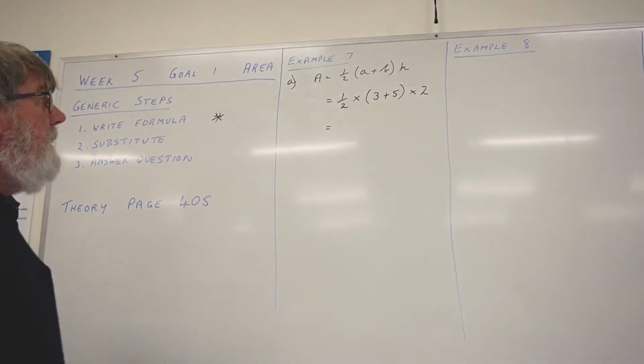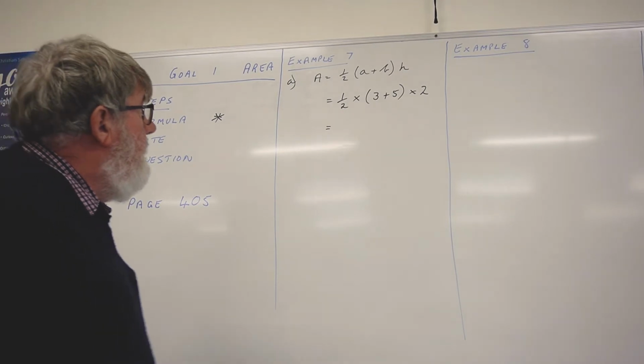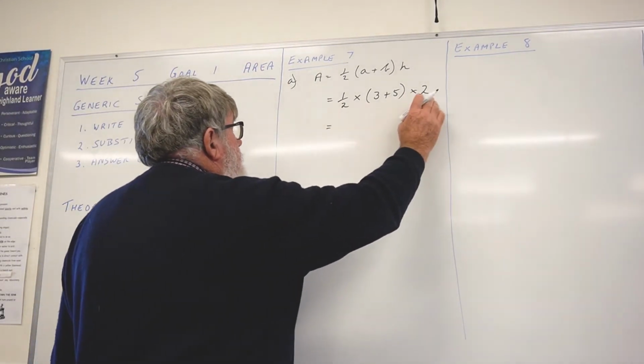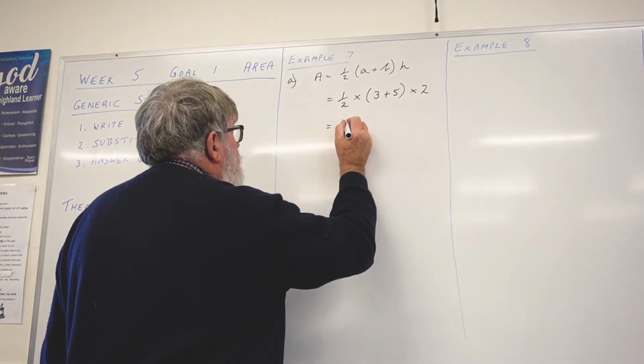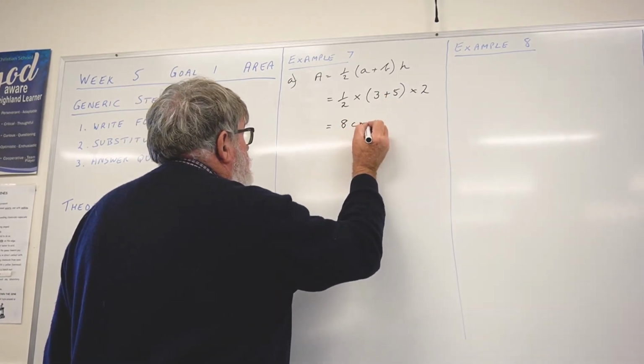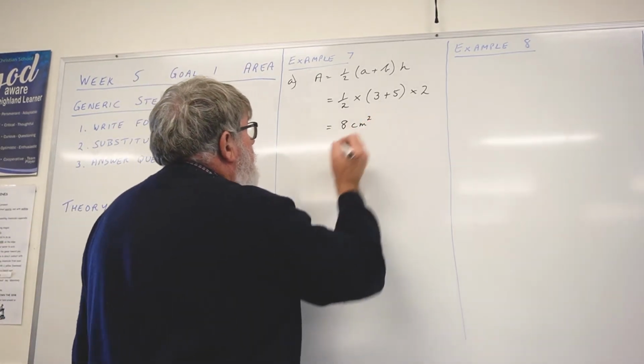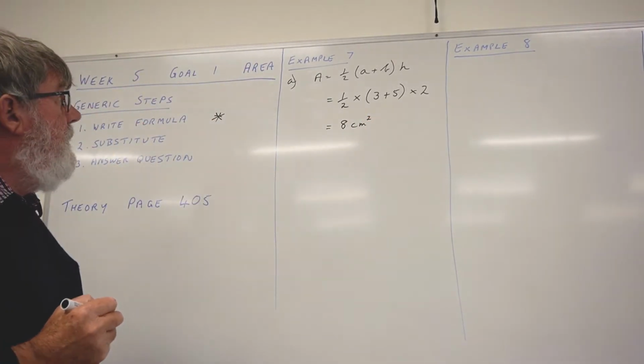Now, there'd be some knuckleheads out there who would get their calculator out and do that, but others with a few more smarts would realise that a half times 2 is 1 and 5 plus 3 is 8, so your area is 8 centimetres squared. Don't forget, square units now for area.